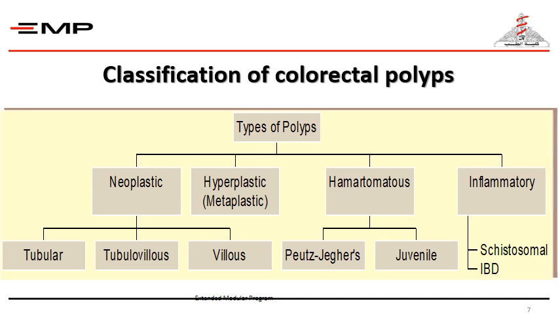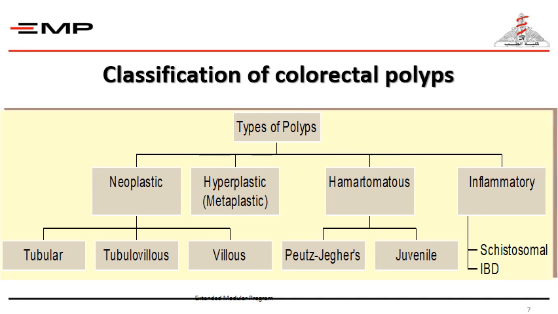This slide classifies all types of polyps of the colon and rectum. It also applies to the other parts of the GIT. Only the neoplastic polyps, or what we call the adenomas, are premalignant. We will discuss the malignant potential of each type of the adenomas in the face-to-face lecture.